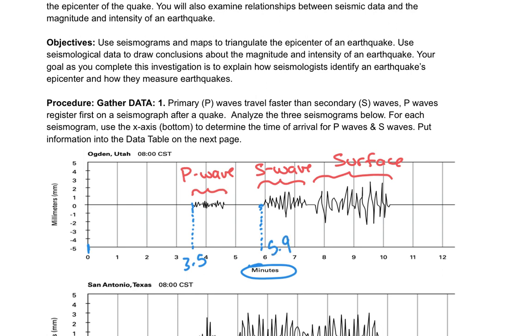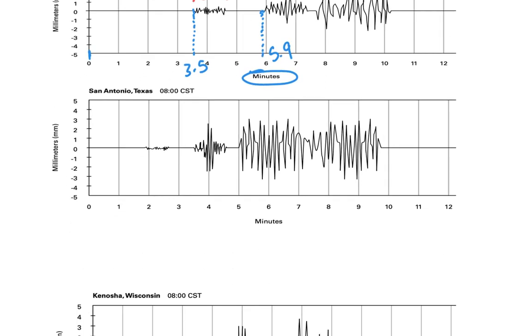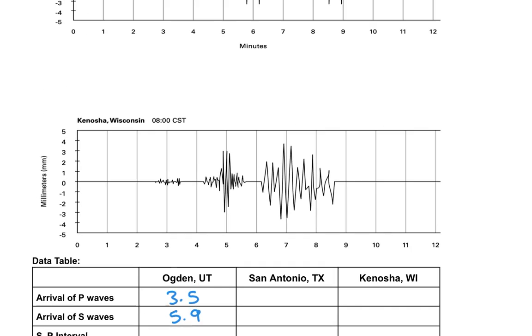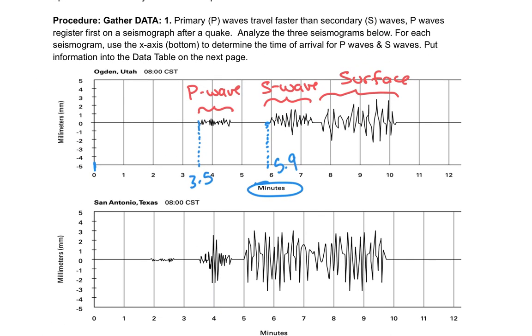And then we can go to our data table and put that information in. So we have our 3.5 minutes and our 5.9. So to find the SP interval, that's going to be the difference in time of arrival. So the SP interval is how much time occurred between the start of one and the start of the next one.